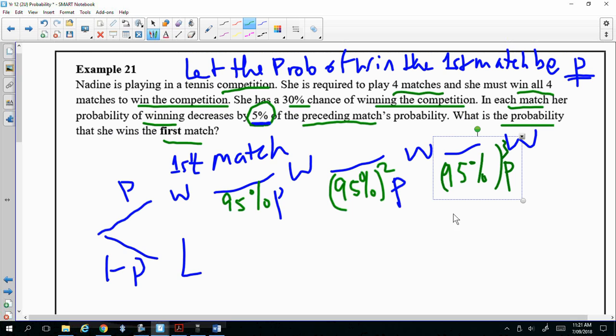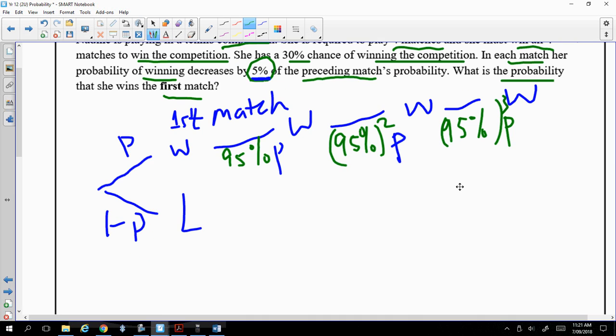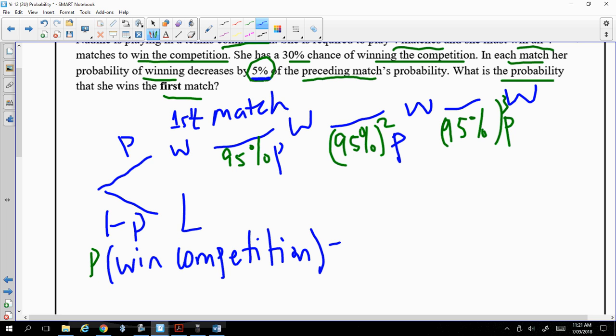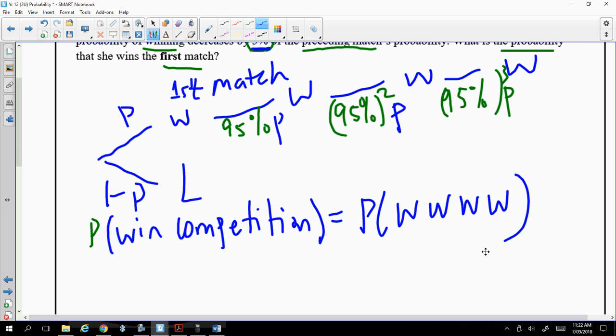All right, so we've got this tree diagram. And your chance of winning the entire competition means that you have to go probability of winning all 4 matches. That must involve multiplying all the probabilities together, so you have to times them all together.